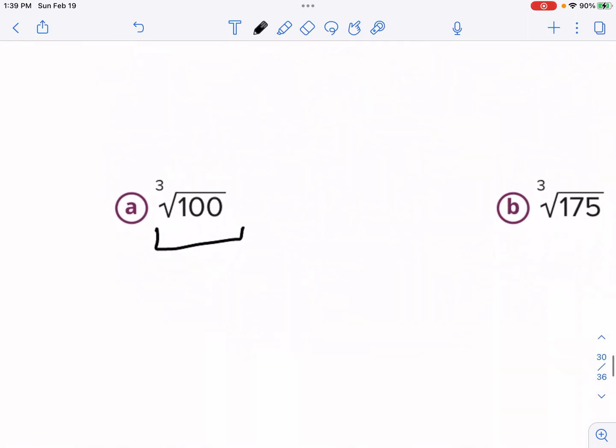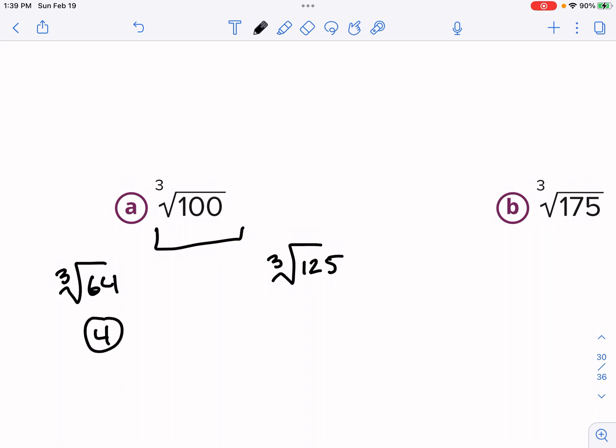Okay. So cube root of 64 and cube root of 125. I'm going to write what they're equal to just below it, right? This is 4 and this is 5. So we know it's 4 point something. We just got to figure out what that something is. How far are these two numbers away?